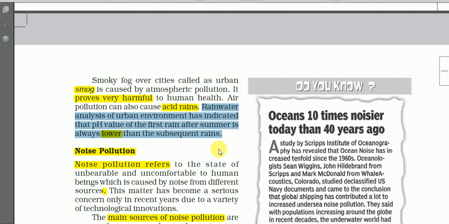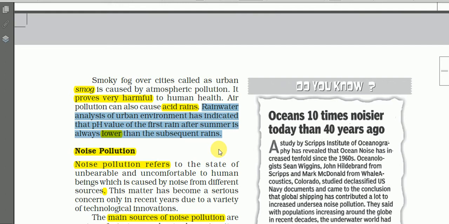That means acidic. If the pH value is less than 7, we call it acidic. If more than 7, we call it basic or alkaline. 7 is the neutral value, that is the pH value of water.